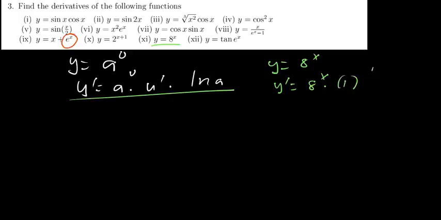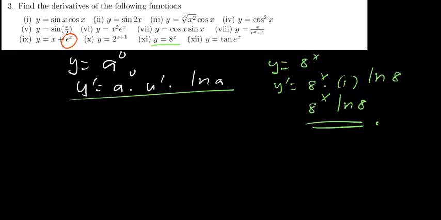So y is equal to this, meaning that following this formula, y prime is a to the power x times the derivative of u, which is 1, then again ln a. A in that case is 8. So the answer becomes 8 to the power x times ln 8.